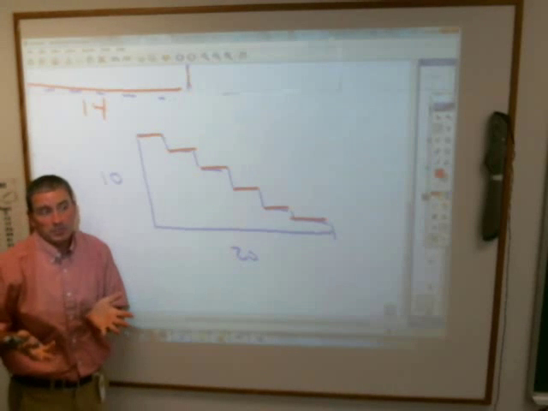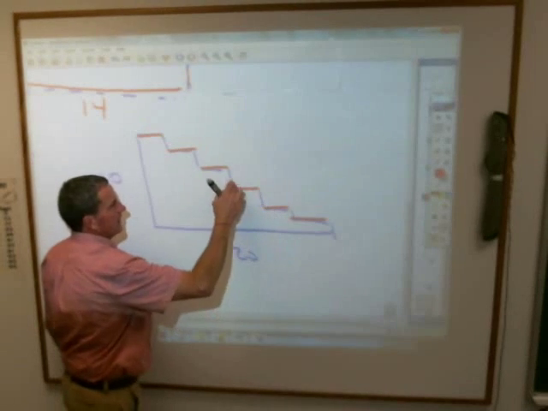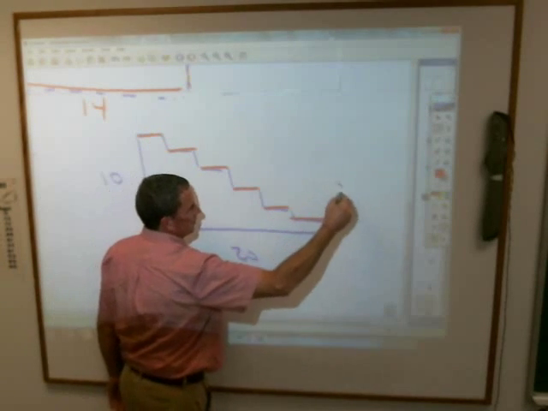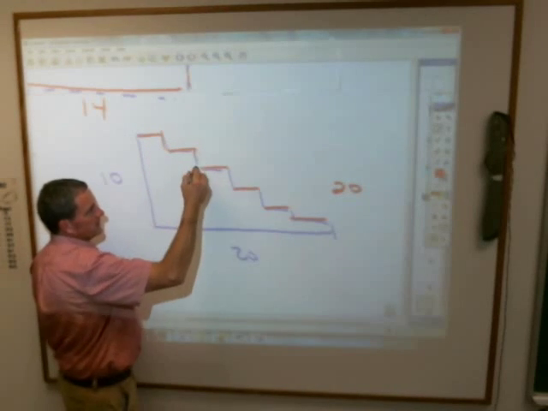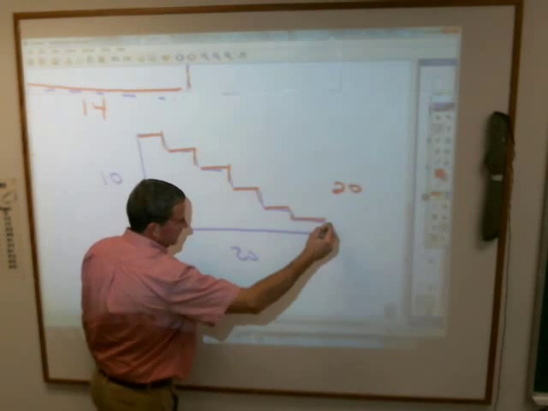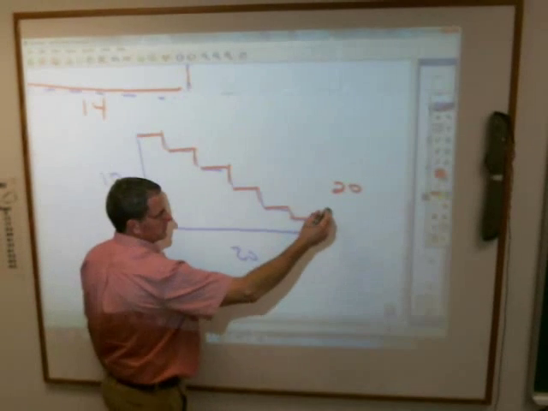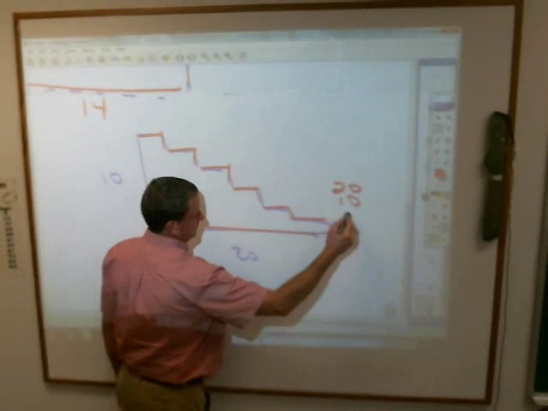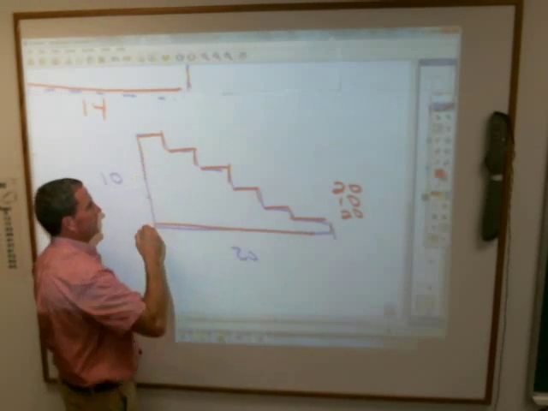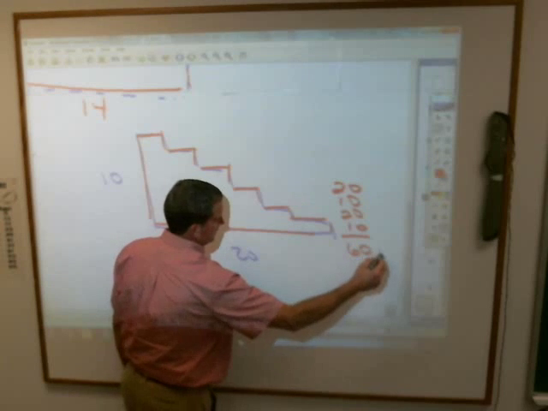So all of these lines put together are going to be 20. Same thing for this. All of these lines put together have to add up to this. You don't need to know what each one is. You just know that there's a 10 there. And then you add the 20 for this and the 10 for that. And that, I guess, is where Jaden got his 60.